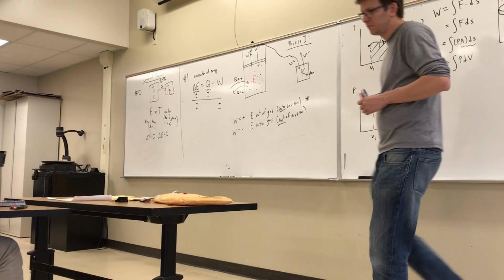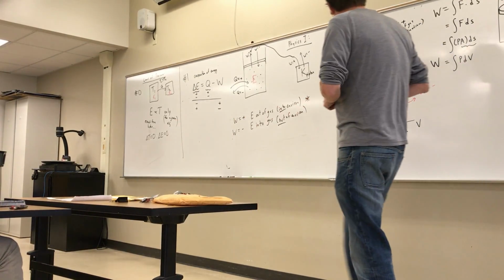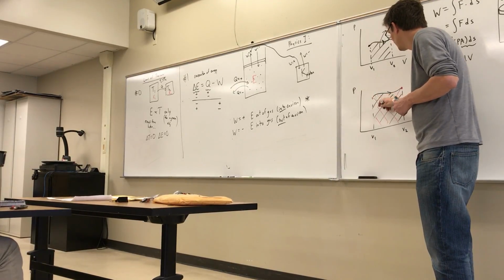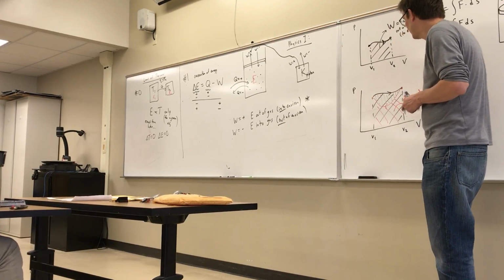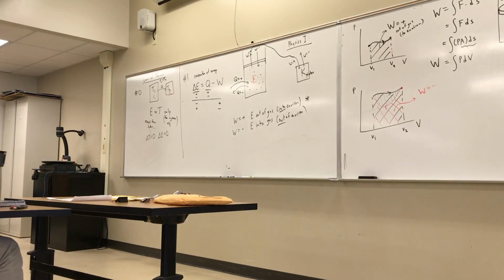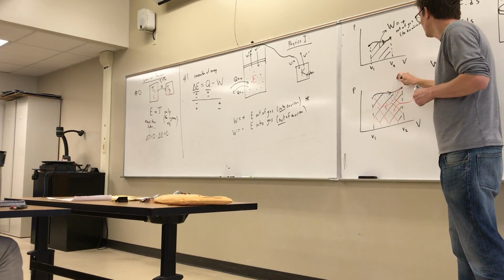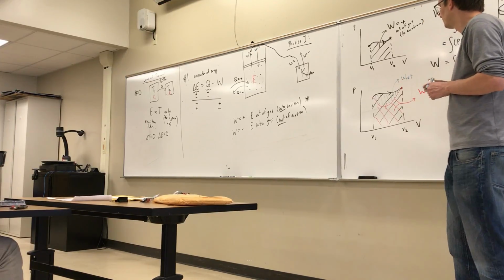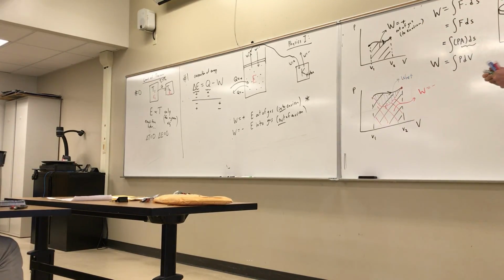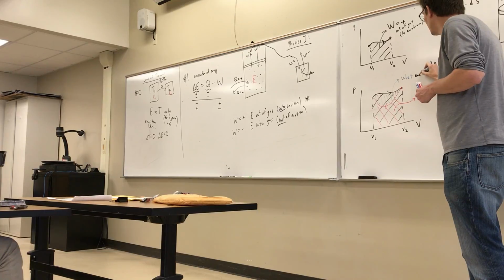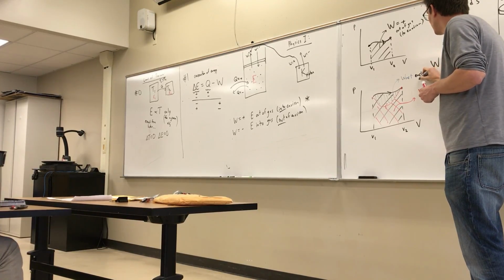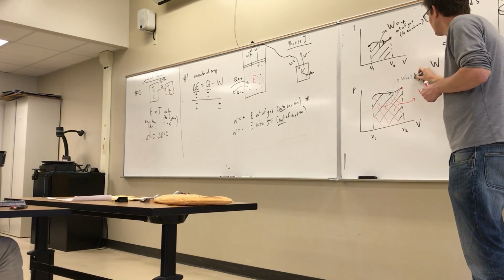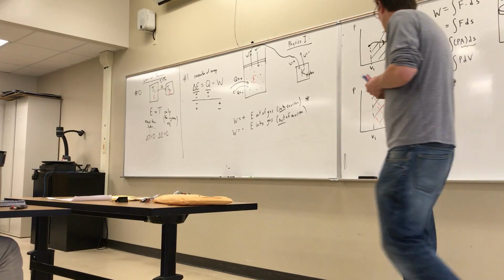And finally, we might even talk about this. This is the difference between the positive and negative work that we call the net work. So that would be the net work. That would be the enclosed area. We're going to do a lot of that.